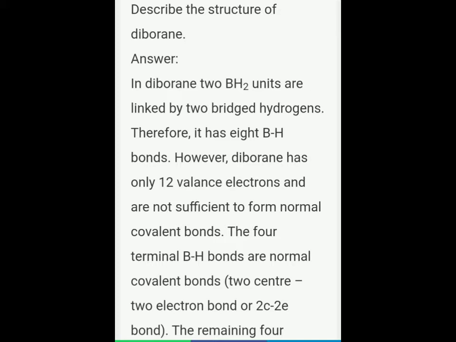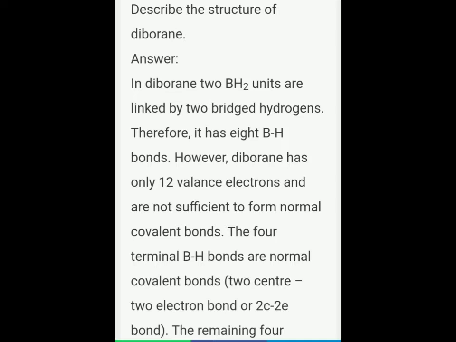Each boron has 3 valence electrons, so the 2 borons have 6 valence electrons in total. In hydrogen there are 6 hydrogens, so 6 outermost electrons. So 6 plus 6, a total of 12 valence electrons in diborane.